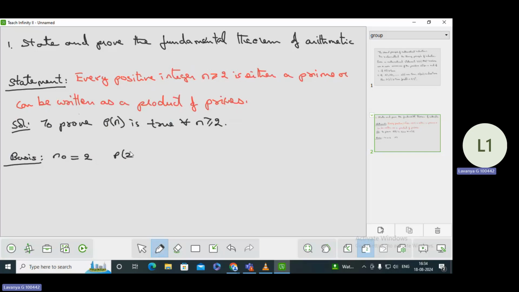Here I can write my P of 2. I have to write it as a product of primes. 2 is the smallest prime number. So it's equal to 2, which is a prime. Hence, basis is true. Okay. A single number can be thought of as a product because 2 could be written as 1 into 2, obviously. Next, inductive step.